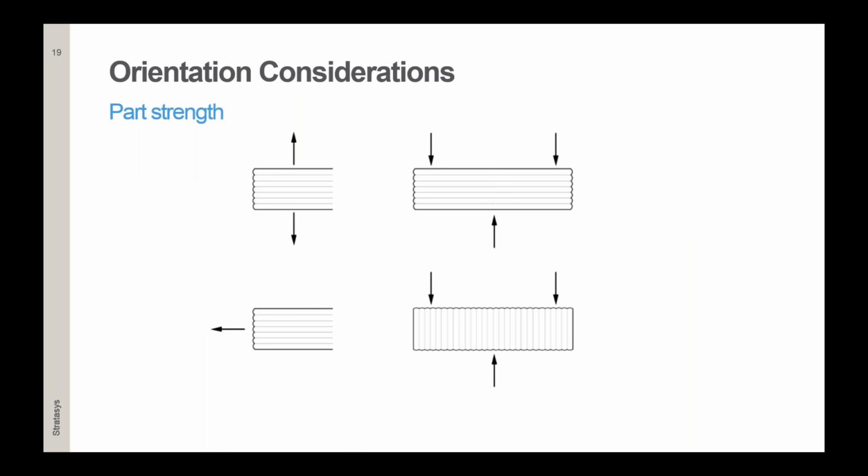To explain it a little better, in the top left corner you see the layer lines being pulled apart, which will probably, due to the weaker bonds, pull apart. On the top right corner, you will see that the layer lines are compressed, and this will probably be a better variation. Different orientation on the left side, pulling along layer lines, will give you better strength, as is the same if you are pushing or compressing against the layer lines, which will probably break.